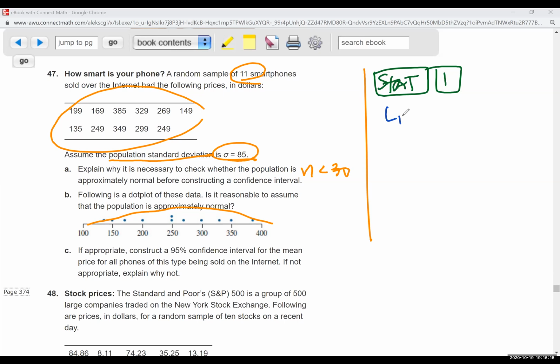The first column, enter all these numbers into L1. I will do the same thing here. 199, 169, 3. So enter into L1, and then the shortcut: stat, test, Z interval.